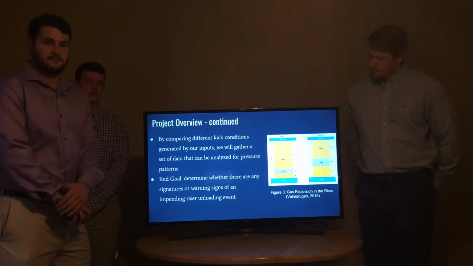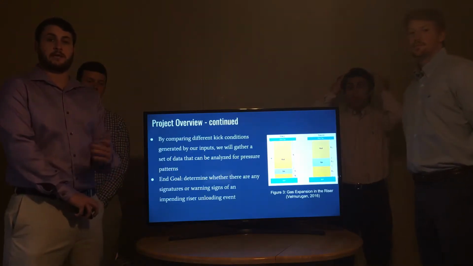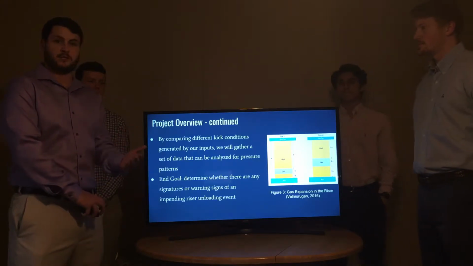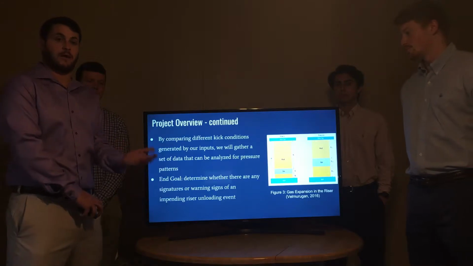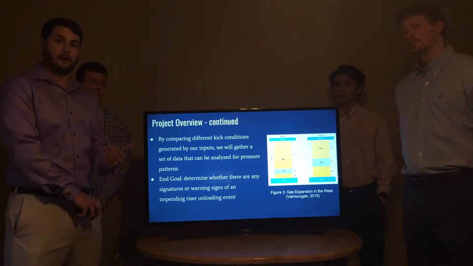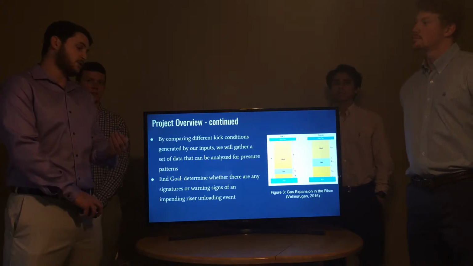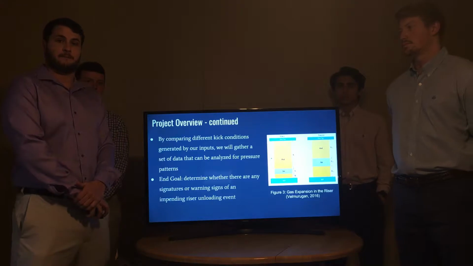Now, one of the biggest advantages that we have running these simulations as opposed to studying this in the industry is the fact that with CFD, we can have the pressure at any point in our riser as opposed to just at the surface or at the BOP. So our end goal is to determine whether there are any signatures or warning signs of an impending riser unloading event.